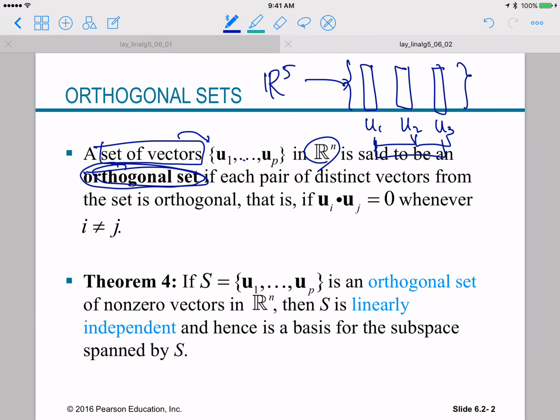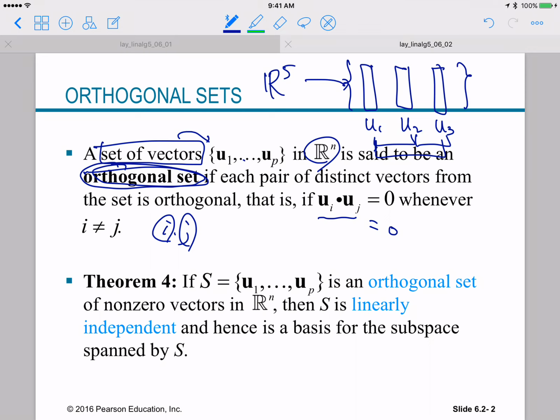So for i and j, whatever you pick, if you compute this inner product, it should always be 0. Among these 3 vectors, if you pick any 2, they will always be orthogonal to each other. So this is one good example of an orthogonal set.